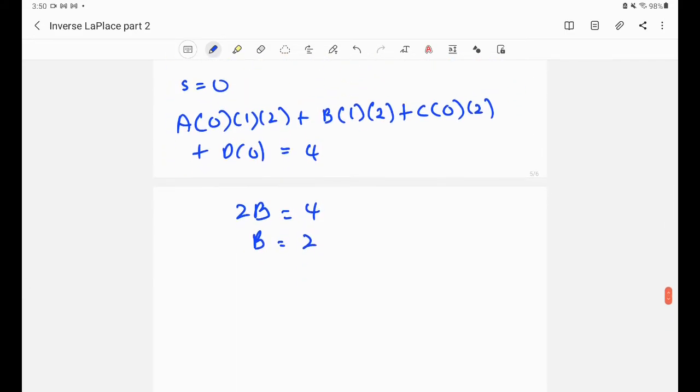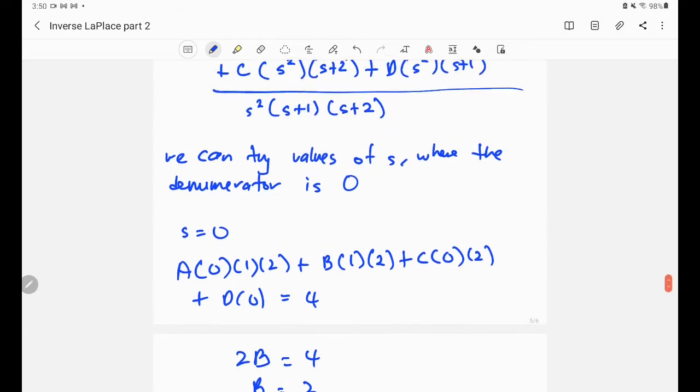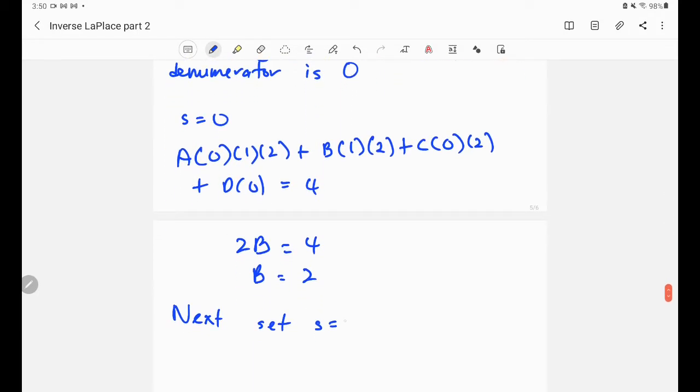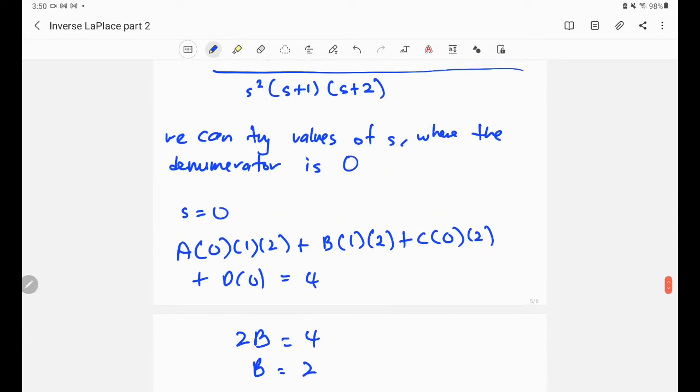Next we can set s equals to minus 1, because minus 1 plus 1 will make the factor 0.